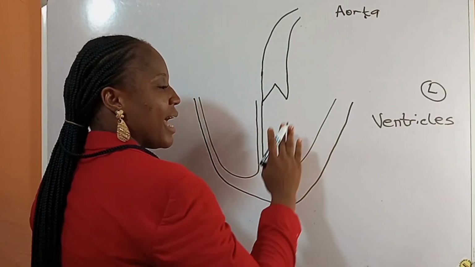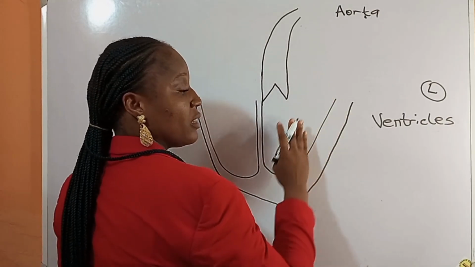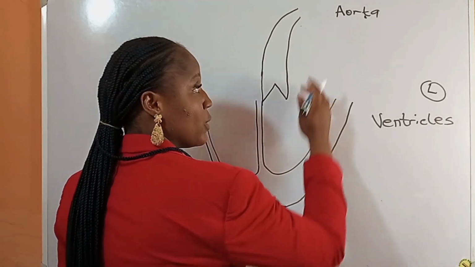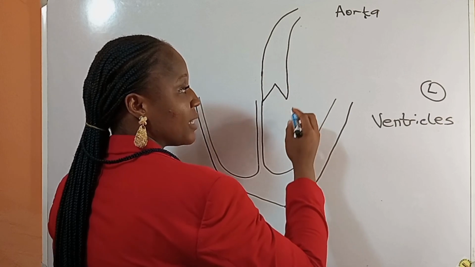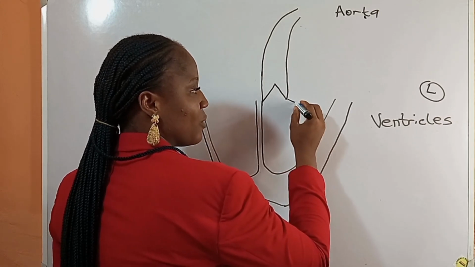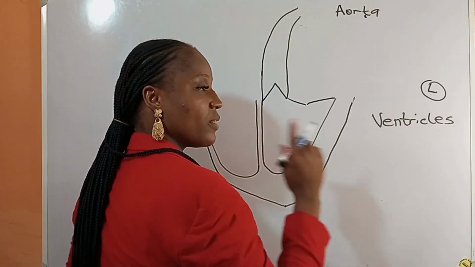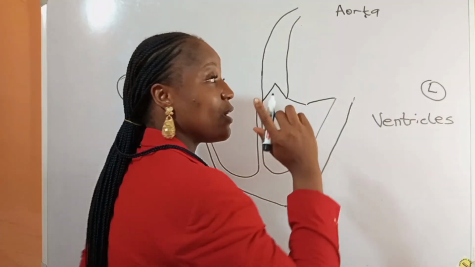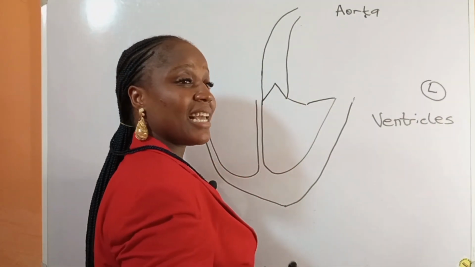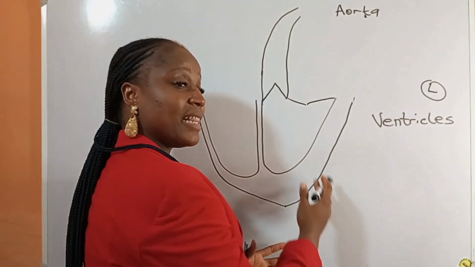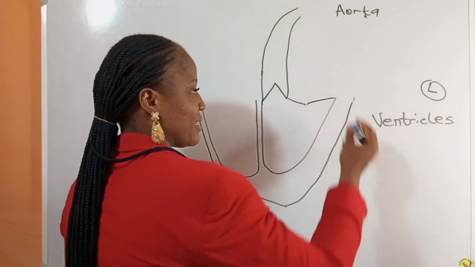Also, just between the left ventricle and the upper chamber is another valve pointing downwards. Then also note that the upper part of the heart has a thinner muscular wall than the lower part of the heart.